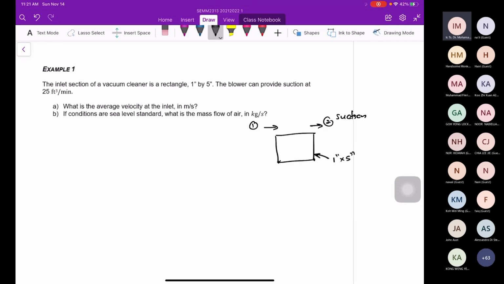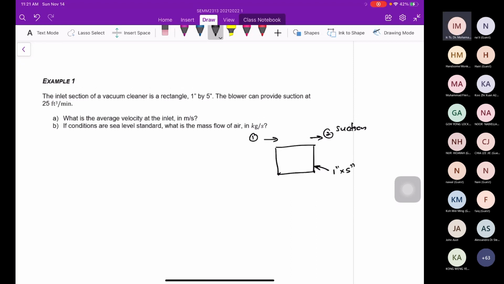So what is the average velocity at the inlet? The question asks for the average velocity at the inlet, V1.